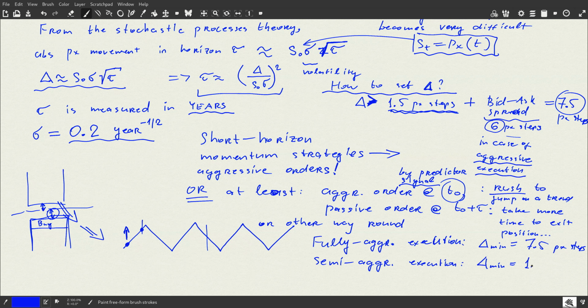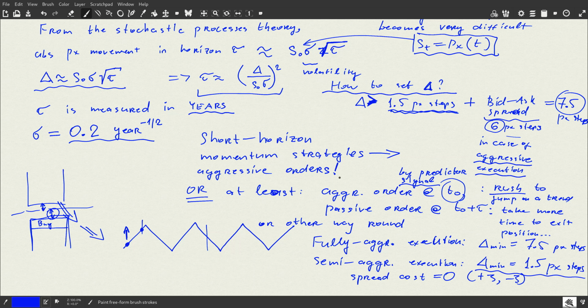So then actually you improve your profit margin significantly, because for semi-aggressive, your spread cost is 0. Once it is plus 3, minus 3. So as a result, delta minimum is only 1.5 price steps. And that is a very good idea. Whether it is feasible in this type of strategies or not, it depends.